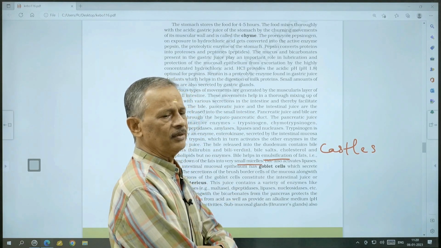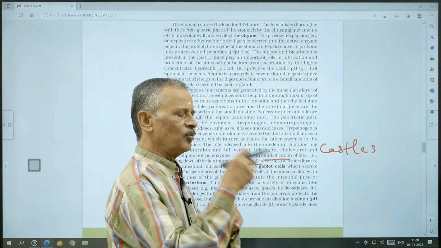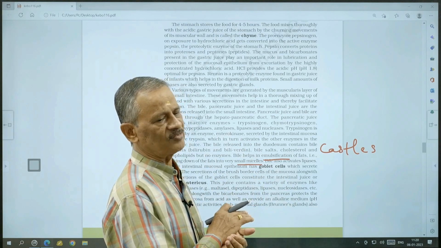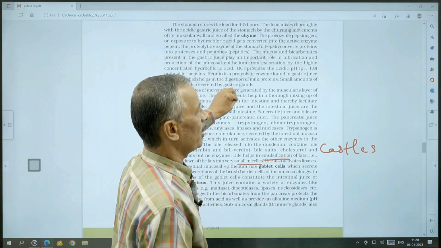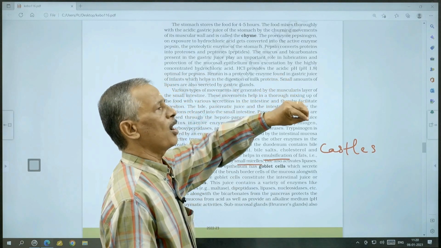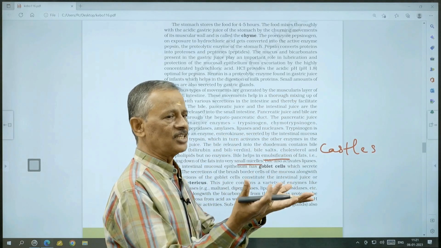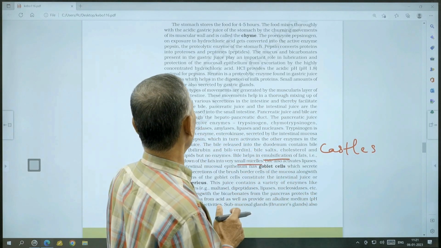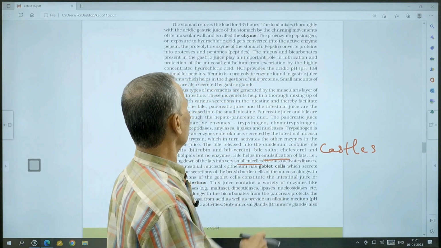This casein is converted into paracasein, which immediately reacts with calcium and forms calcium caseinate. Thereby, the protein part of the milk is separated. Once it is separated, it is digested like any other protein. Thus, it helps in the digestion of milk proteins.